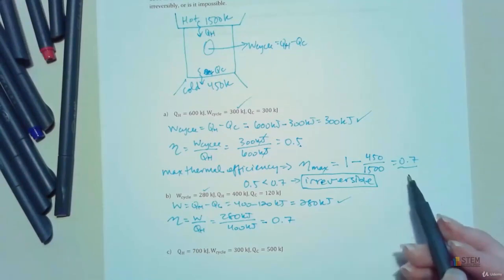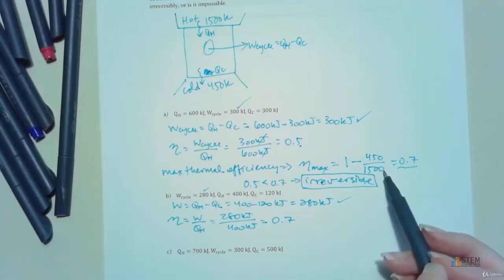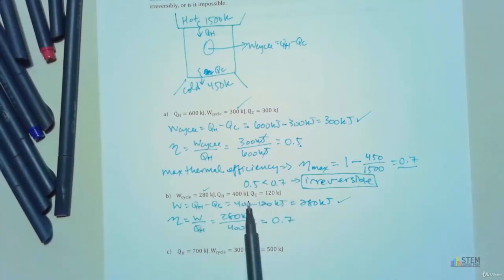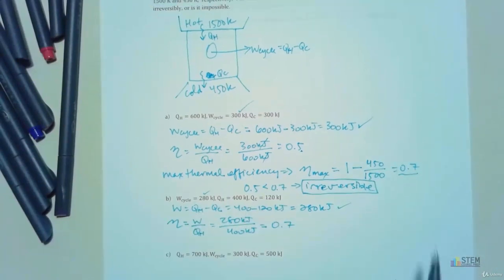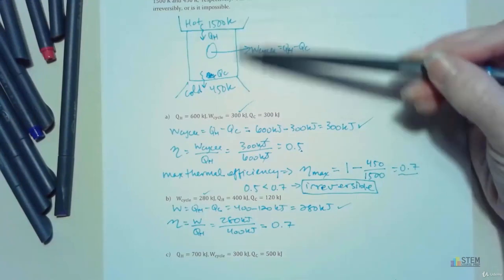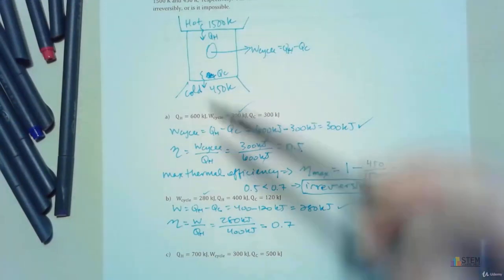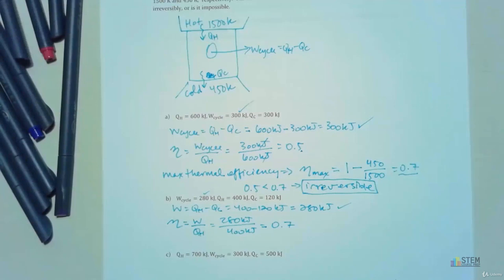Now we already found the eta max. Eta max is 0.7 because remember we use the temperatures here. So this is not going to change even though these numbers here changed because our power cycle is operating between these reservoirs. Those reservoirs are not changing. So the temperatures don't change.